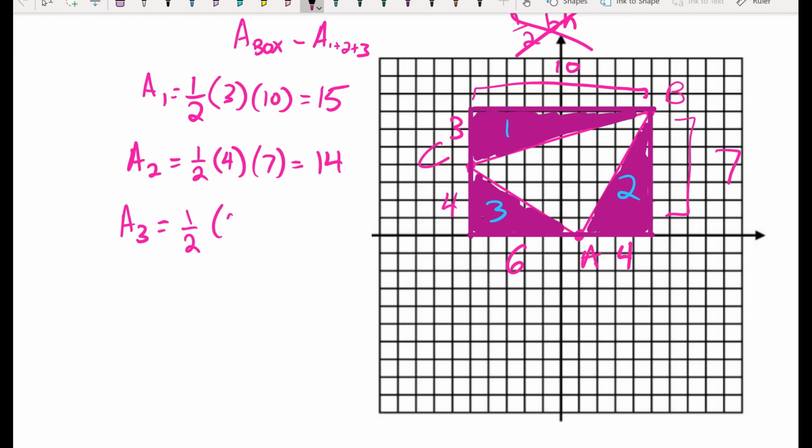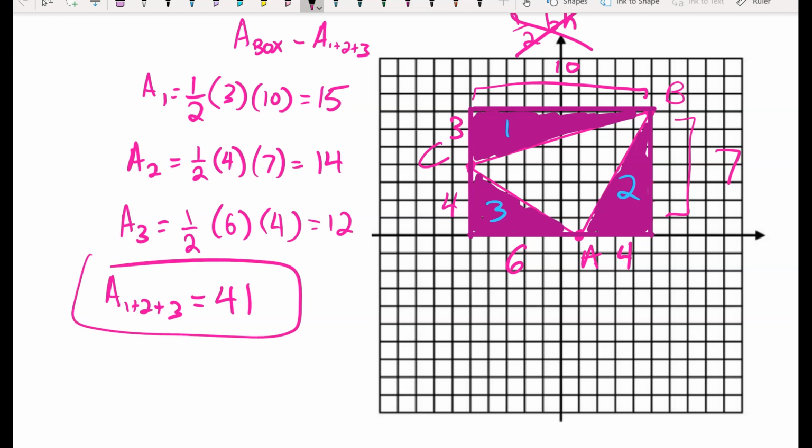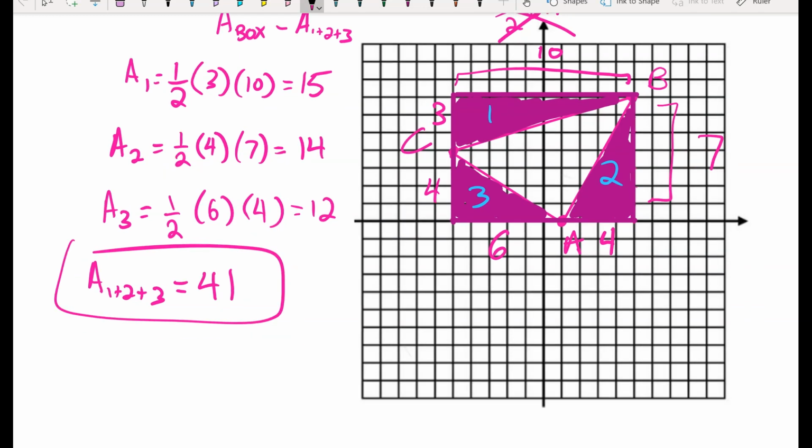So 1/2 of 6 times 4, which is just 12. So the area of all 3 of these triangles combined, if I add 15 plus 14 plus 12, is just 41 units. So that's the area of the triangles in purple going around.